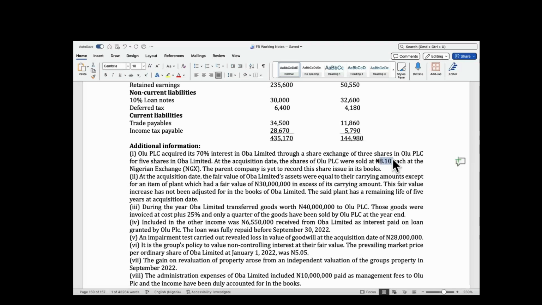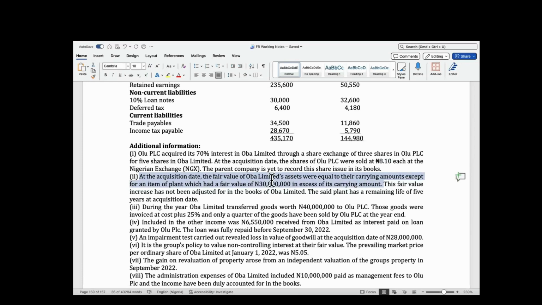Furthermore, note 2 states that at acquisition date, the fair value of Oba Limited's assets were equal to their carrying amount, except for an item of PPE. They always like this additional information. Even if you have been following, without even thinking, you should know what is required.